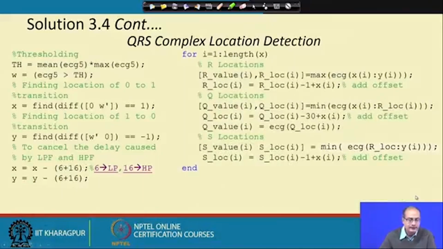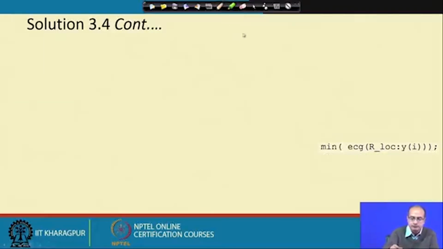We have to take some threshold and find out what is going above the threshold and when it is coming down.